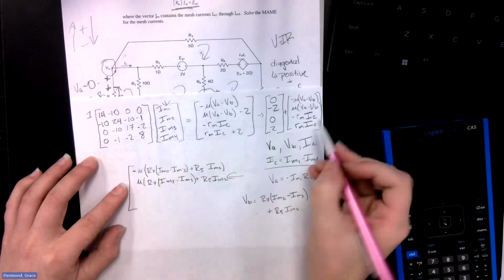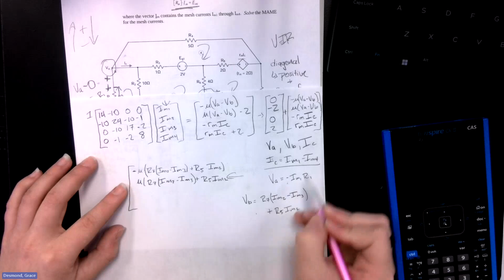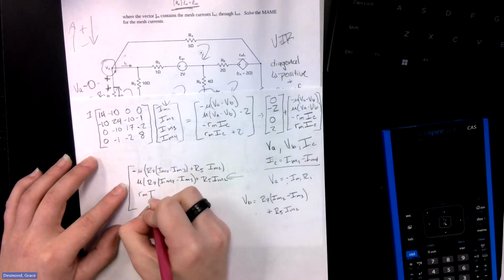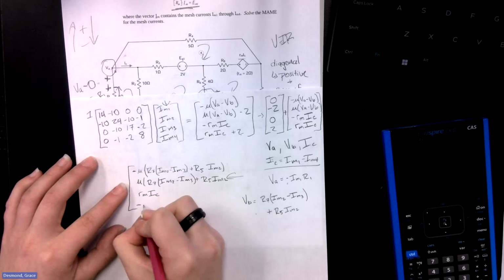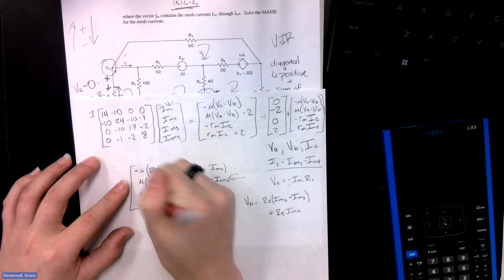Then we have negative, and then this is negative, right? So you have negative, negative, turns into RM, I see. And then this one is negative RM.